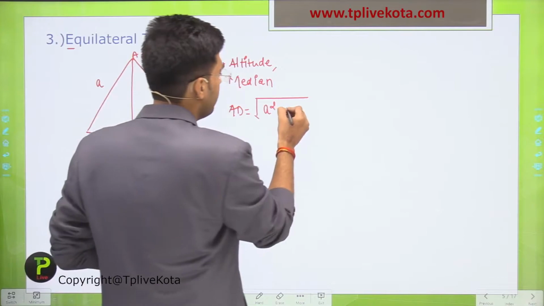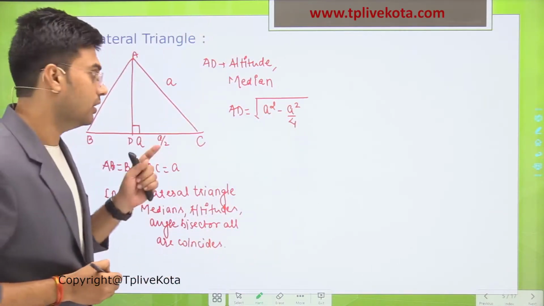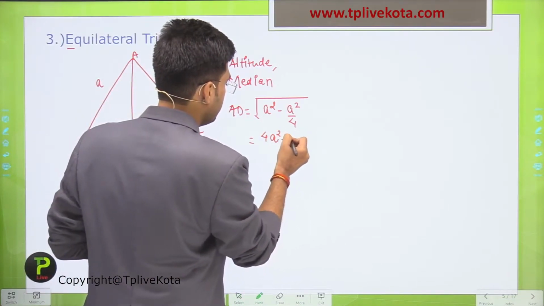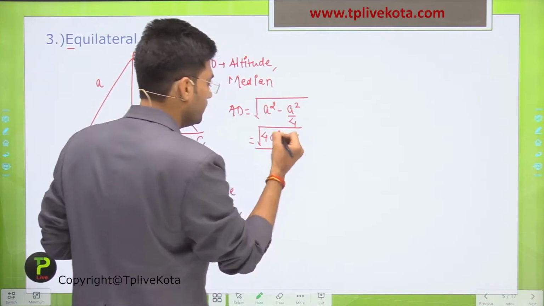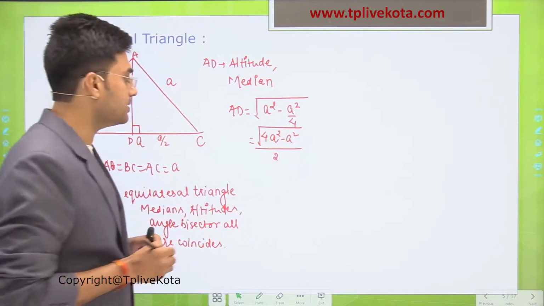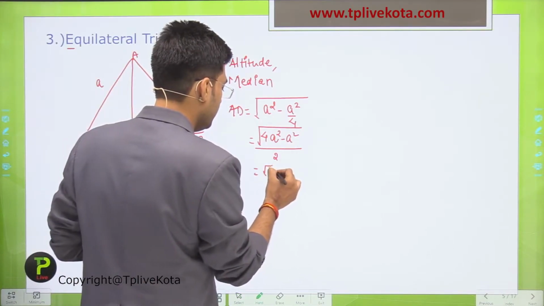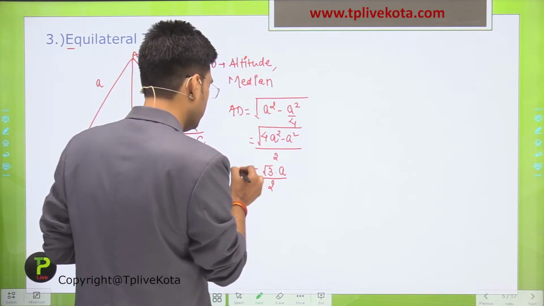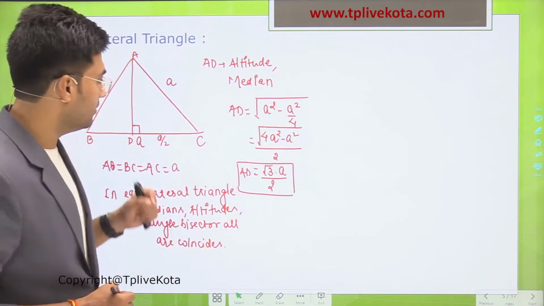So A square minus A square by 4. Clear? Now it is equal to the square root of (4A square minus A square) divided by 2, and 4A square minus A square gives root 3A by 2. So this is the length of the altitude, or we can say the height of the triangle ABC.